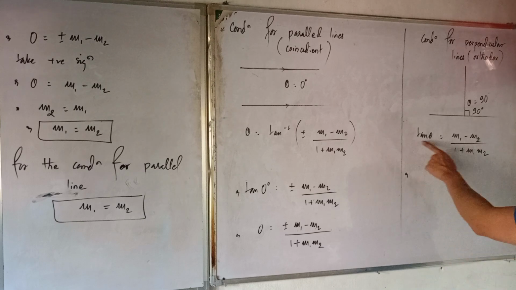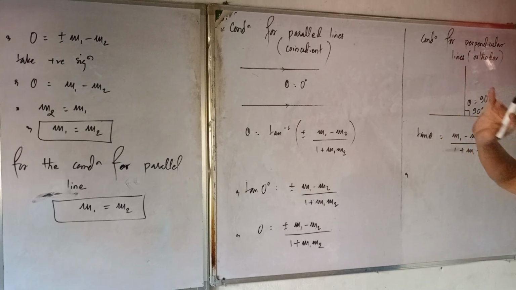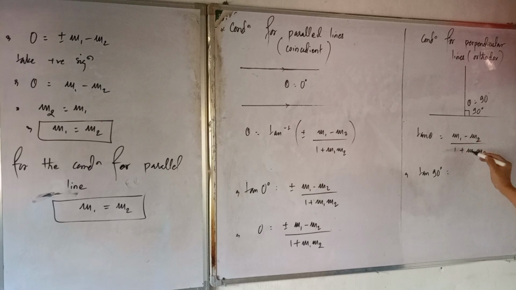Now from here you will know the condition for perpendicular lines. Two lines will be perpendicular if you know how to derive that condition. So tan theta, now you write here tan 90 degrees, m1 minus m2 divided by 1 plus m1 m2.